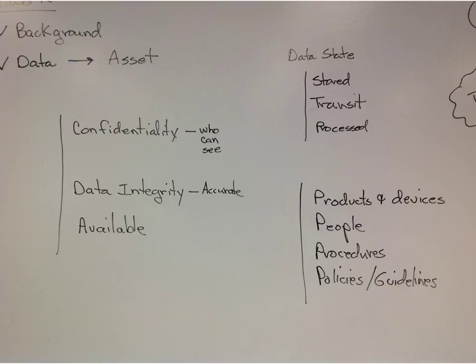Where is the data? What state is the data in? And we're not talking about whether it's in Iowa or not. What state is the data in? The data is either stored, and that could be on a hard drive somewhere where it's just sitting. The data can be in transit, it's moving.